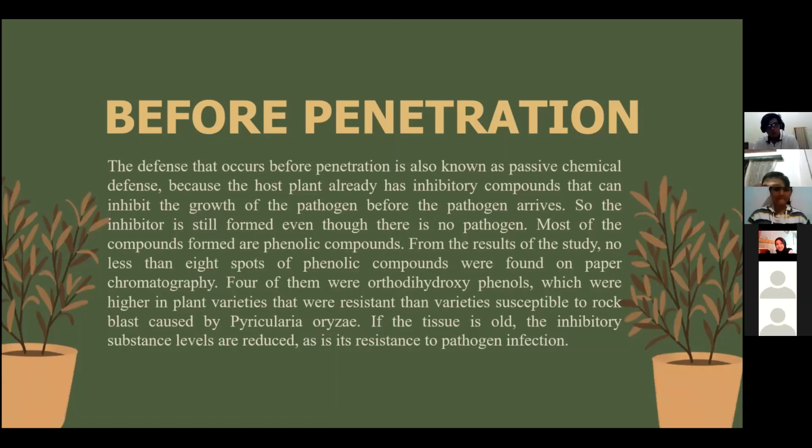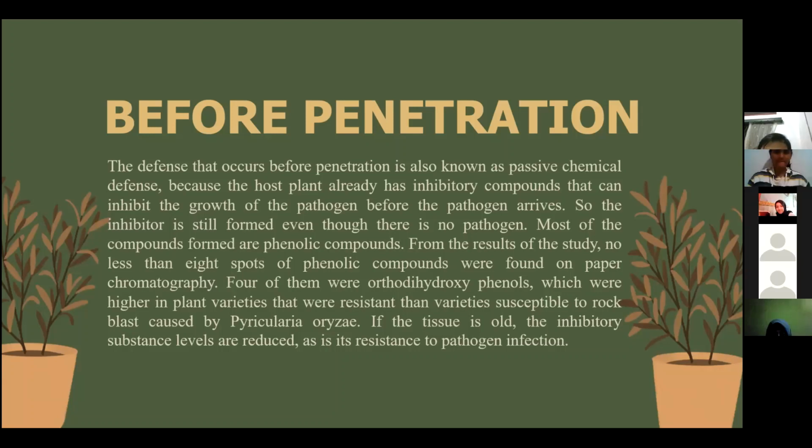The defense that occurs before penetration is also known as passive chemical defense. It involves compounds that can inhibit the growth of the pathogen before the pathogen arrives. So, the inhibitor is already formed when there is no pathogen. Most of the compounds found are phenolic compounds.